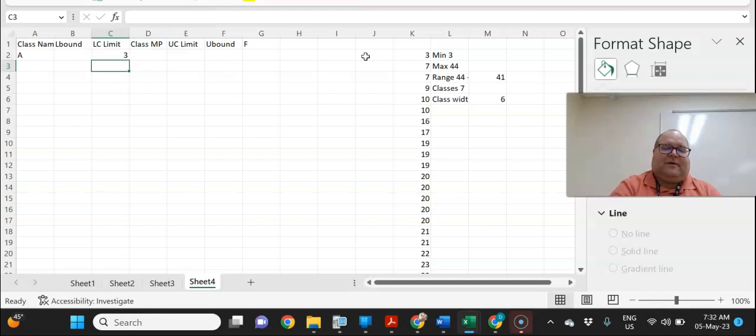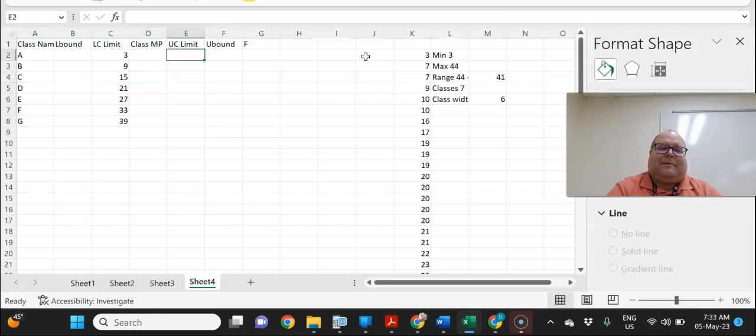So this is going to be 3 plus 6, or 9. 15, which is 6 more than our previous, 21, 27, 33, and 39, which looks like it might be too few, but we will see in a moment.